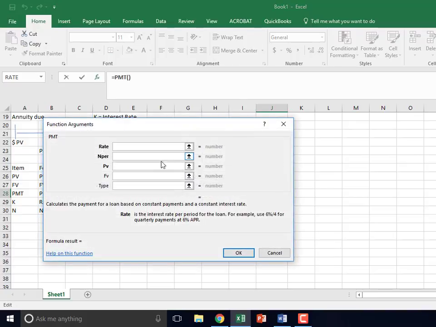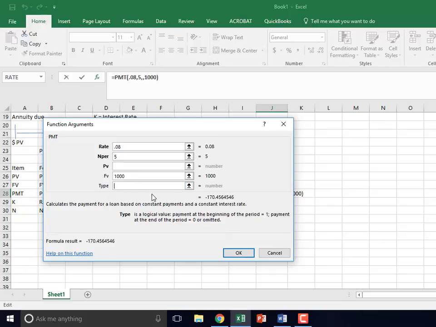Let's pull up our box. Our rate, 8%, number of periods, 5. You can skip over present value. I don't know how much I have now. It's an annuity problem, not a lump sum problem. And I have my future value I want at 1,000. Now there is this type part of this function, and that is for determining if it's an annuity or an annuity due, okay?